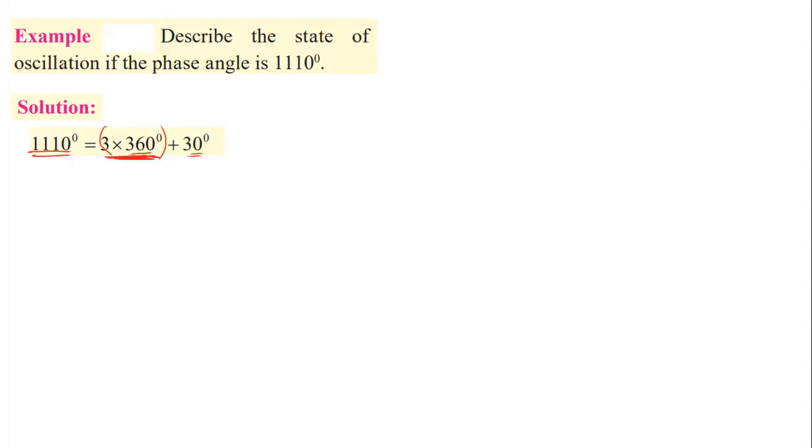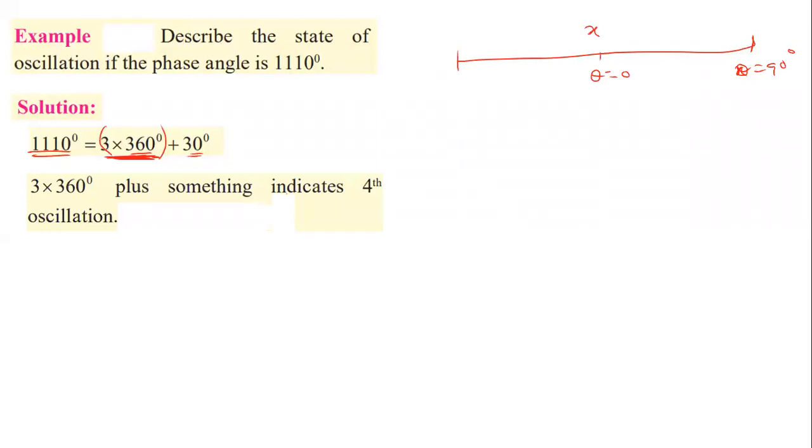So here theta is equal to 0, and here theta is equal to 90. 3 into 360 means 3 oscillations, plus something indicates some part of the 4th oscillation.